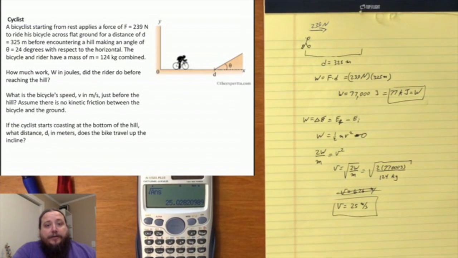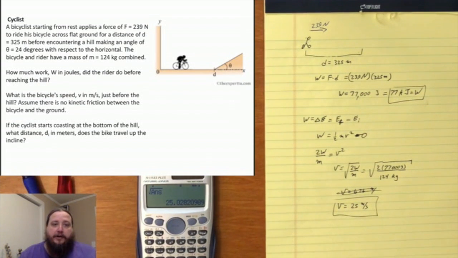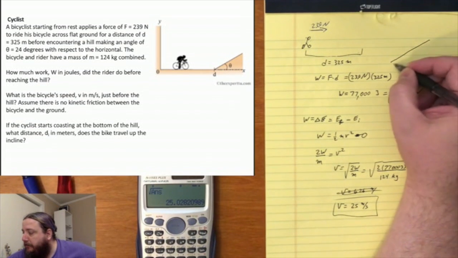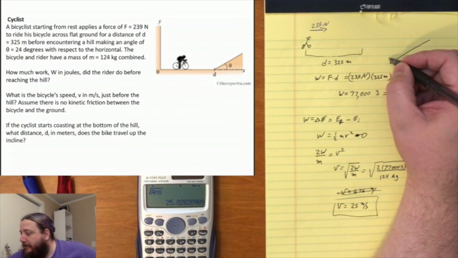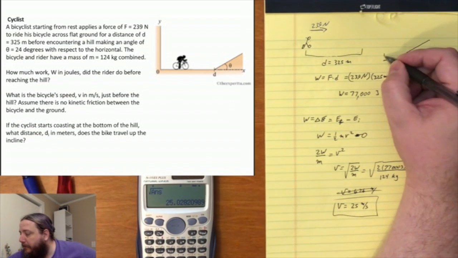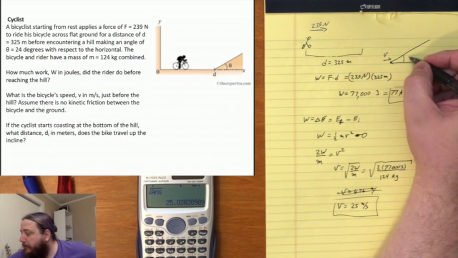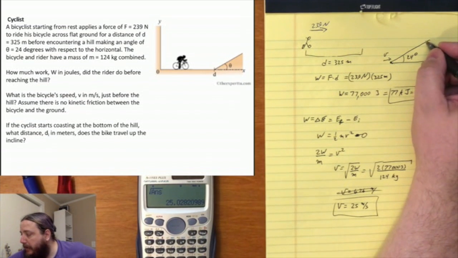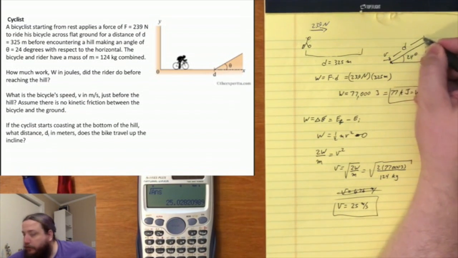To figure out the last part, how far does the bicyclist travel up the hill? Let's go ahead and draw our picture here. We have an initial speed down here. This is our v initial. We have an angle here of 24 degrees, and we want to know how far up the hill we make it.